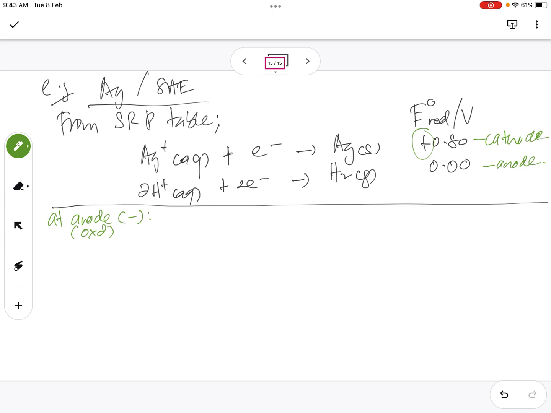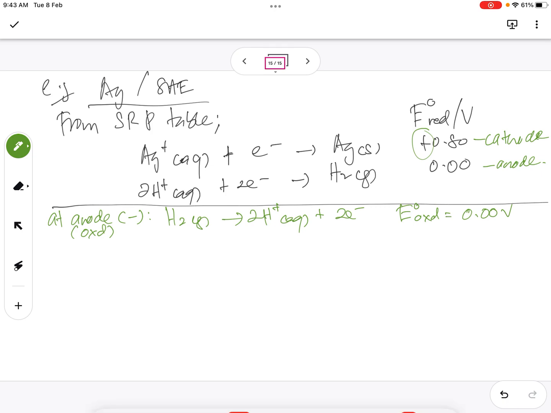Any idea? Yes. So we reverse. Good. We reverse, we get H2 equals 2H plus plus 2 electron, E naught oxidation 0.00 volt.